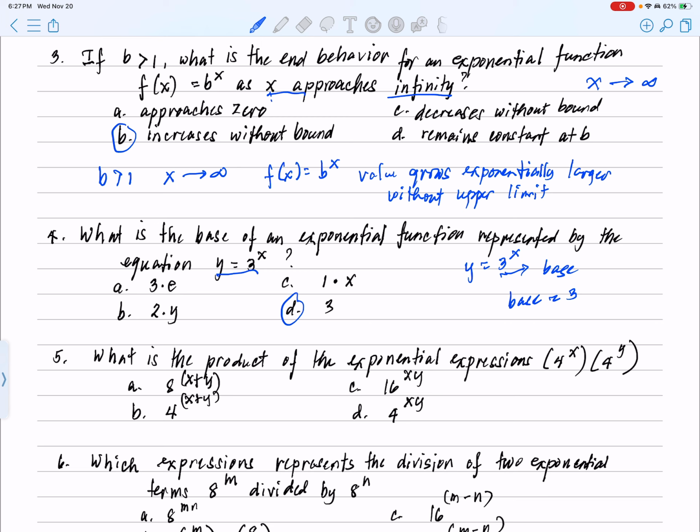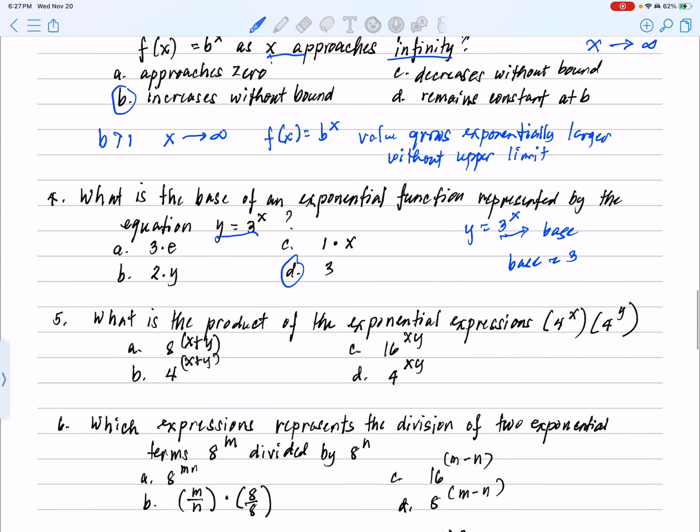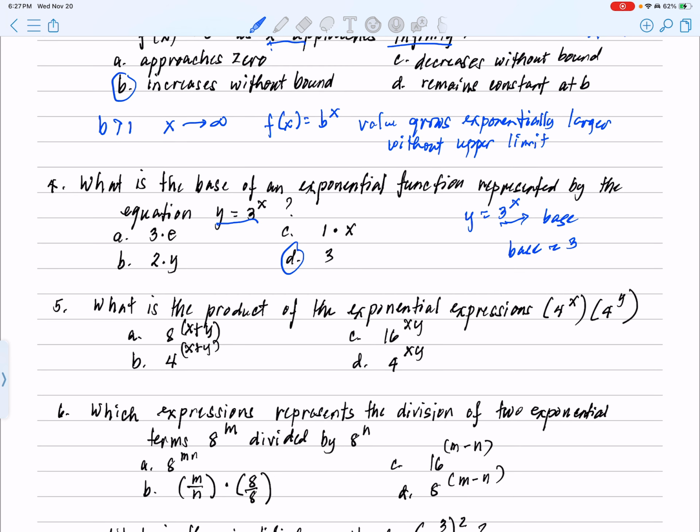All right. Number 5. What is the product of the expression 4 to the power of x times 4 to the power of y? Is it A, 8 to the power of x plus y, B, 4 to the power of x plus y, C, 16 to the power of xy, D, 4 to the power of xy?